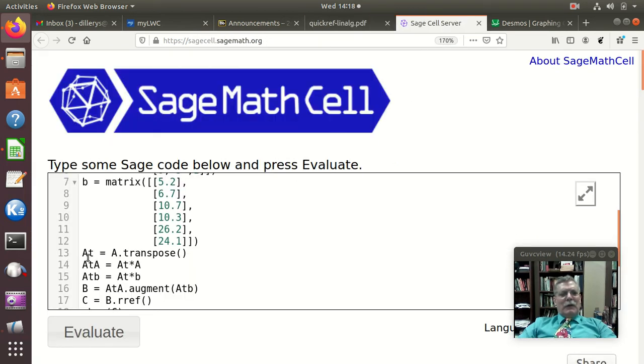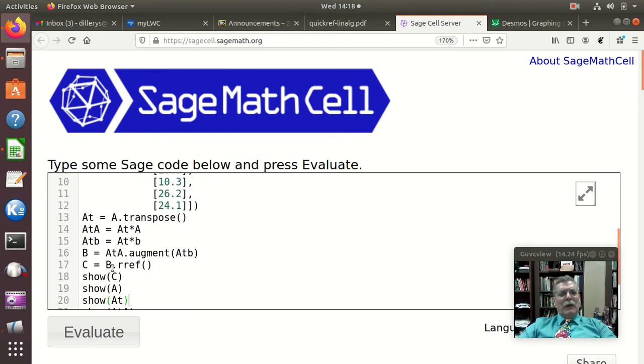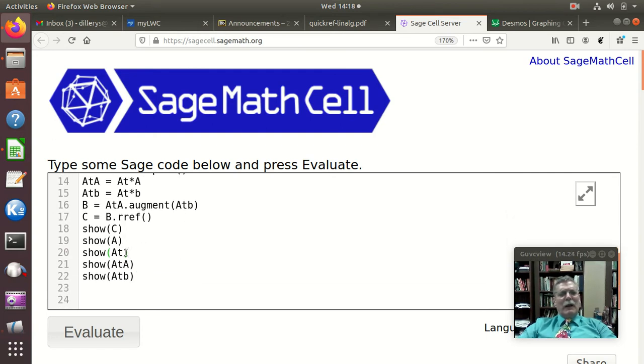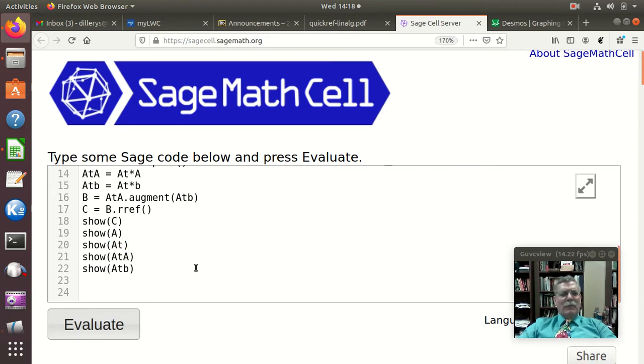So I assigned that, and I called it AT, and then I did A transpose times A and A transpose times B, and called those something I thought was reasonable. And then I made my augmented matrix, A transpose A with A transpose B, so I put that right hand side on it. And then I did a reduced row echelon form, and we should be able to see then the answer. And then I also showed A transpose, and so forth, and we can look at those. So I hit evaluate, and hopefully that works.